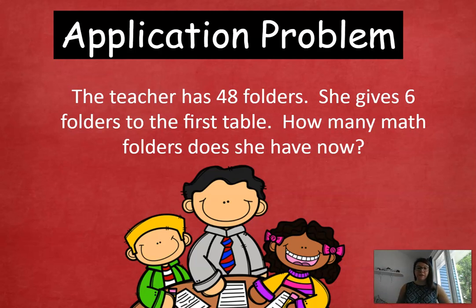What's our sign going to be? So our number sentence is going to be 48 minus 6. Go ahead and solve that. You can either use a picture or you can use that decomposing strategy. This one would be subtracting like units. So go ahead, pause the video and solve it. Come back when you're ready.